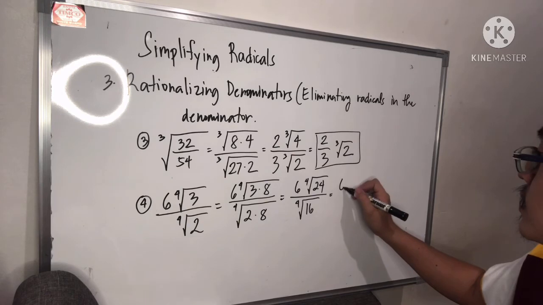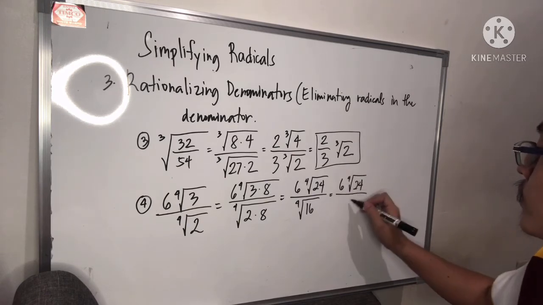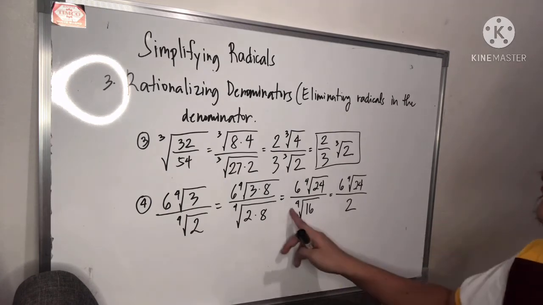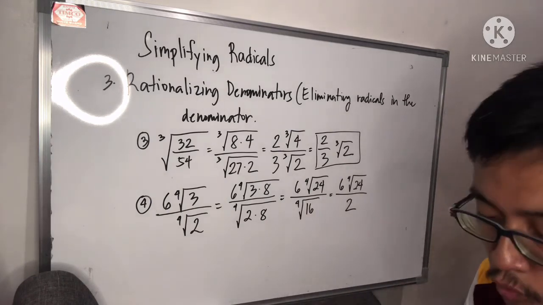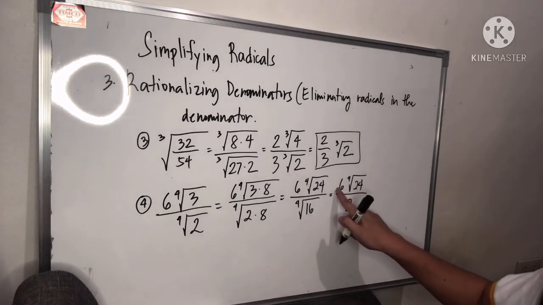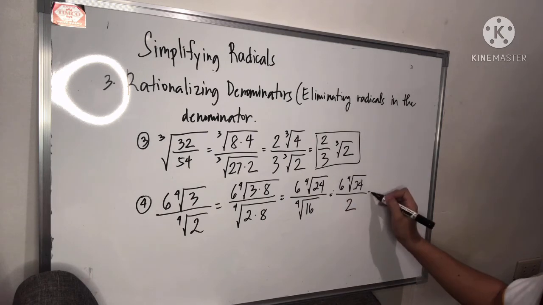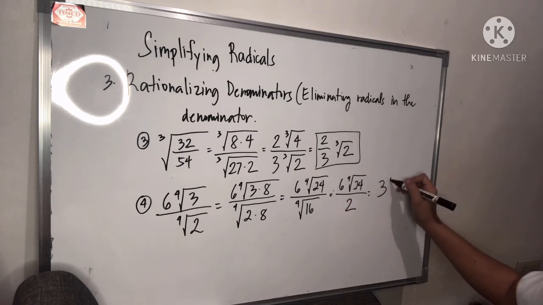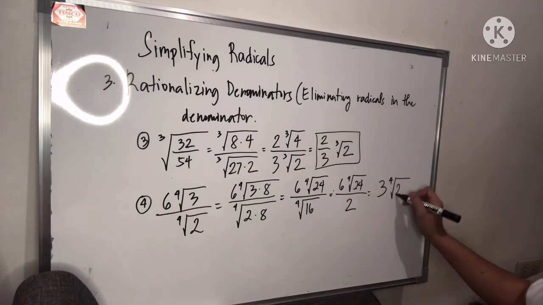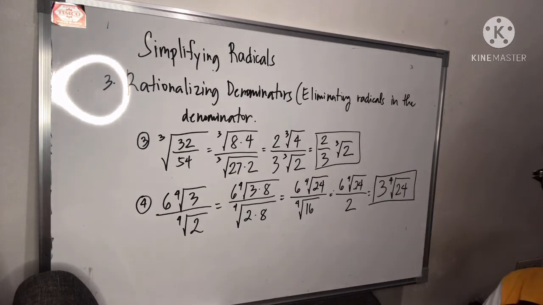So this is 6, the fourth root of 24 over 2 na lang kasi yung fourth root ng 16 is 2. And then to simplify, we just divide 6 by 2. 6 divided by 2, that is 3, the fourth root of 24. So that is the final answer.